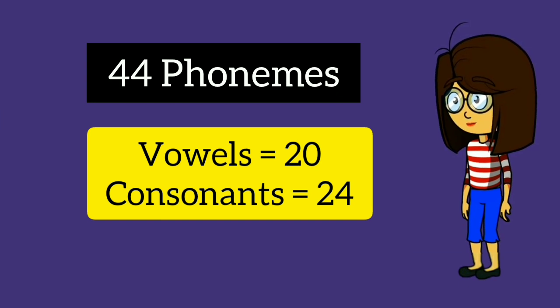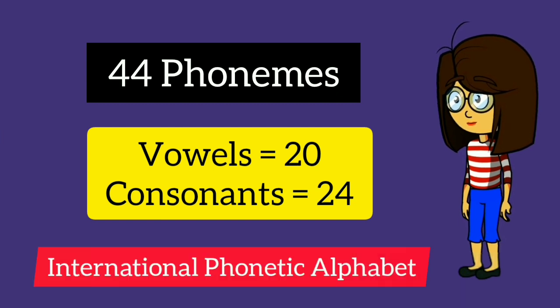In order to represent these basic sounds, linguists, that is, people who study language, use a set of phonetic symbols which is called the IPA, that is, International Phonetic Alphabet.